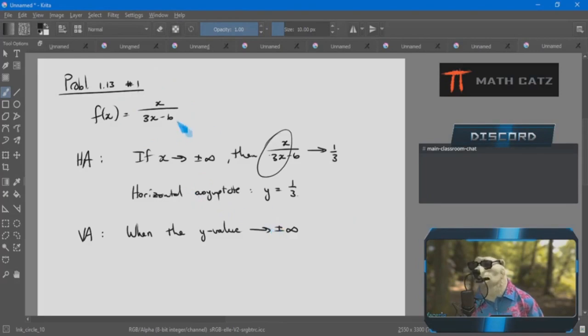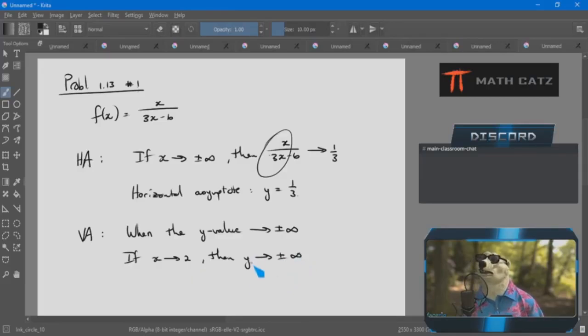That is going to be caused by the denominator shrinking down to 0 and the numerator just being some other number. So in this case, if x approaches 2, then y approaches some infinity.